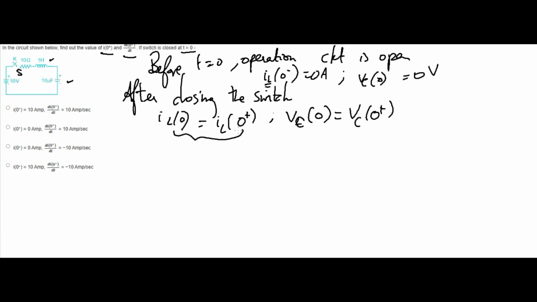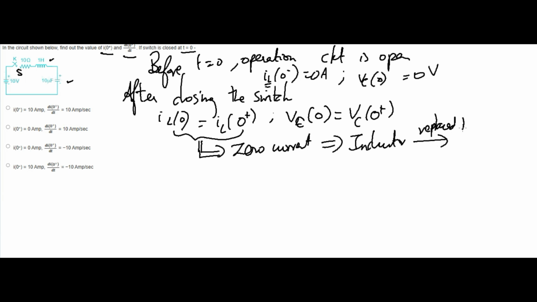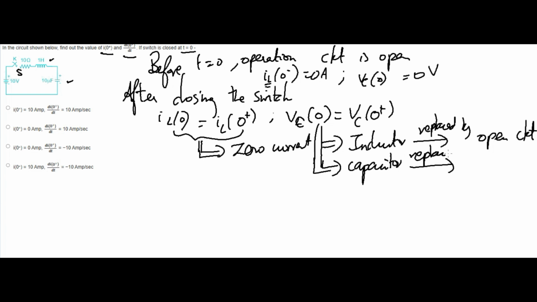Before that, there was zero current flowing. As we have already seen, the inductor should be replaced by an open circuit, and the capacitor should be replaced by a closed circuit, or short circuit. The inductor will be open, so the capacitor will be closed.